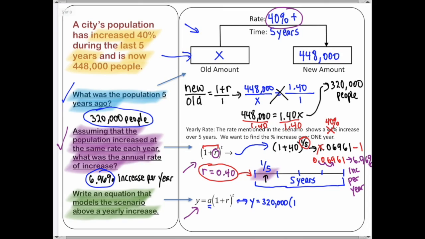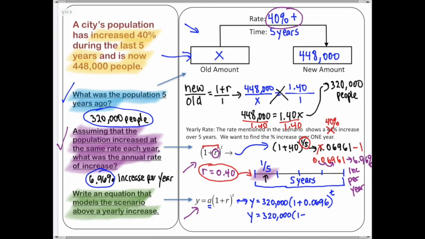Per year, that much. So we need the decimal version of that. We're going to move the decimal two places to the left, and we get 0.0696, and raise it to the t power. So putting things together, I get y equals this much right here.